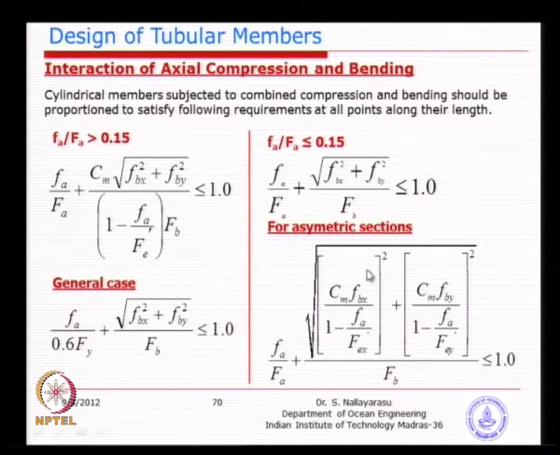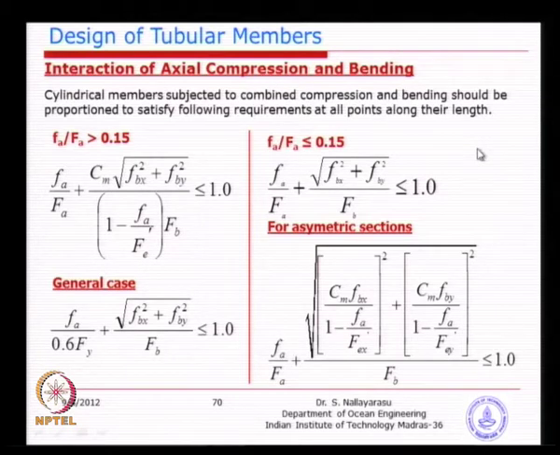So, all the formulas arrive from basically a simple formula of fa by Fa plus fb by Fb, and the combined effect must be less than 1. The basic principle is very simple: linear superposition of the stress ratios should be less than 1. So, this is basically called axial compression and bending.